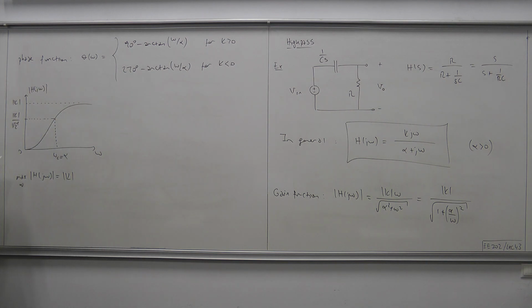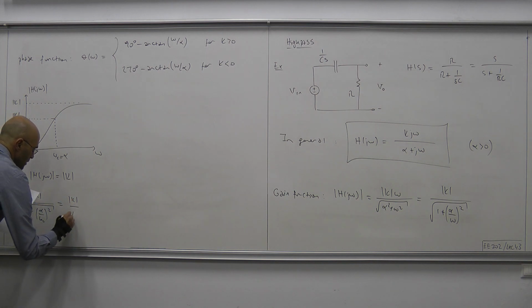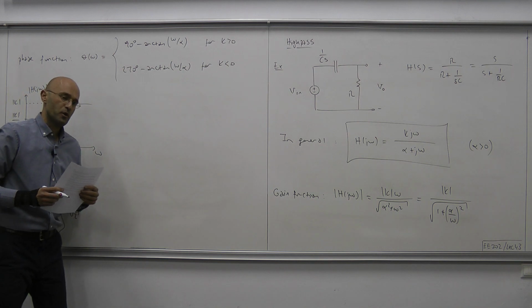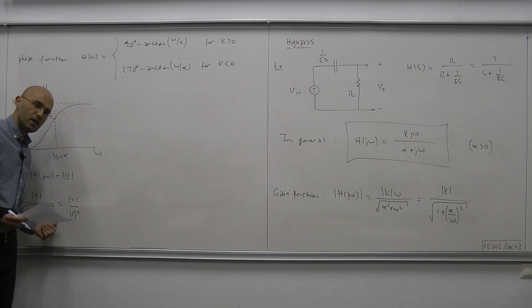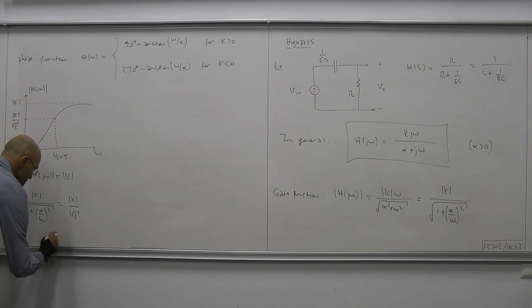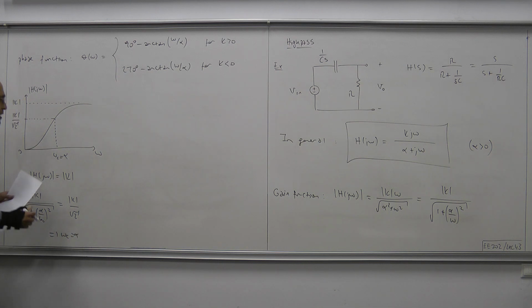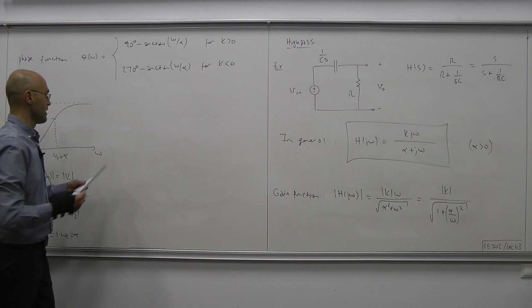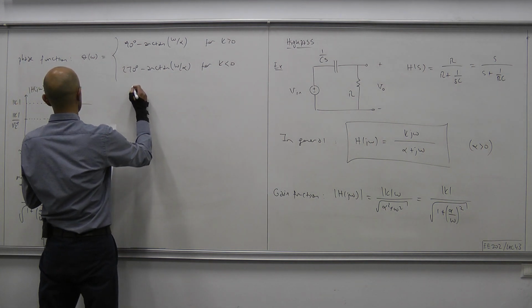Okay, so that's the maximum that can be achieved, and then k over the square root of 1 plus alpha over omega c squared equals the maximum divided by square root of 2. So using the definition of the cutoff frequency, we see that the cutoff frequency is alpha.